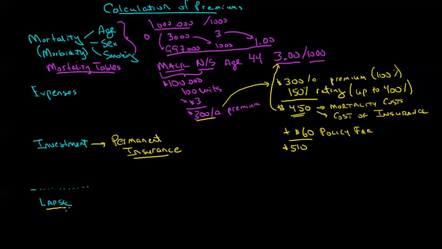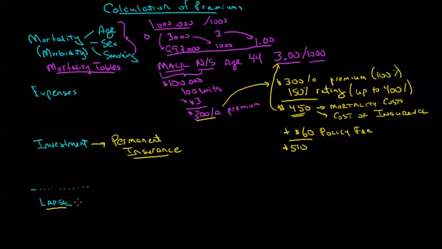Now, the other thing that does happen is that we can incorporate lapse into these policies. It's actually a good thing to some extent for the insurer when a policy lapses, and insurers do count on this. Insurers count on a number of people lapsing their policies when we get to maybe year 8 or year 10 or year 12 of the policy. And if that happens, then really the insurer comes out ahead, because that's somebody who paid a number of years of premiums, and now no death benefit has to be paid on that person's behalf.